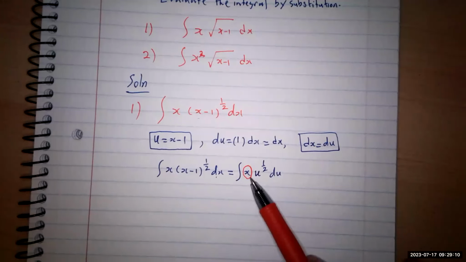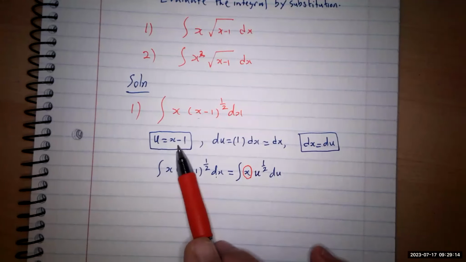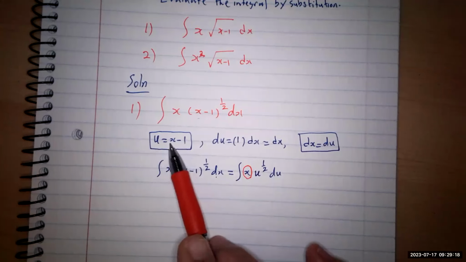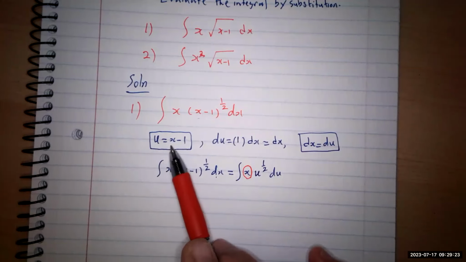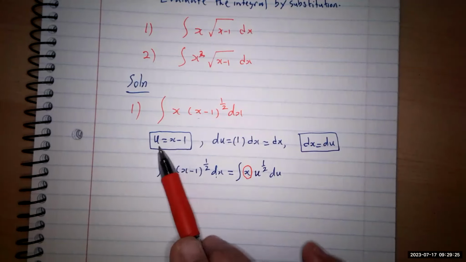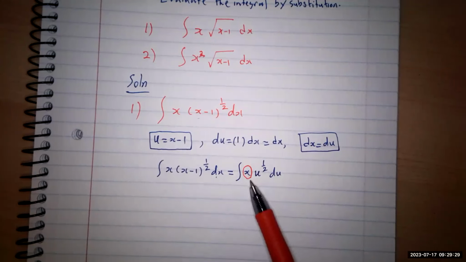You see, look at this one. Your u is x minus 1. So what you can do is find the x from here in terms of u. If you solve this for x, x would be u plus 1. So you have to replace the x by u plus 1, then continue.